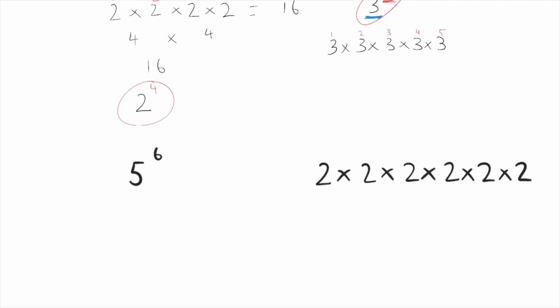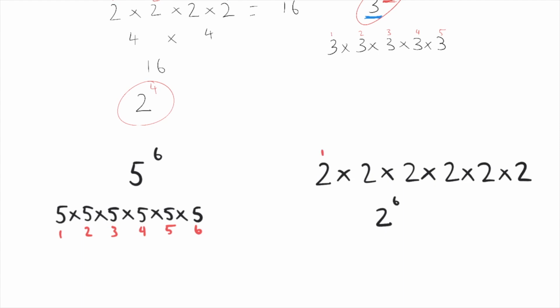Okay, so from here, this 5 to the power of 6 should have come out looking something like this. We have 1, 2, 3, 4, 5, 6 times we've multiplied 5 by itself. And over here, 2 to the power of 5.